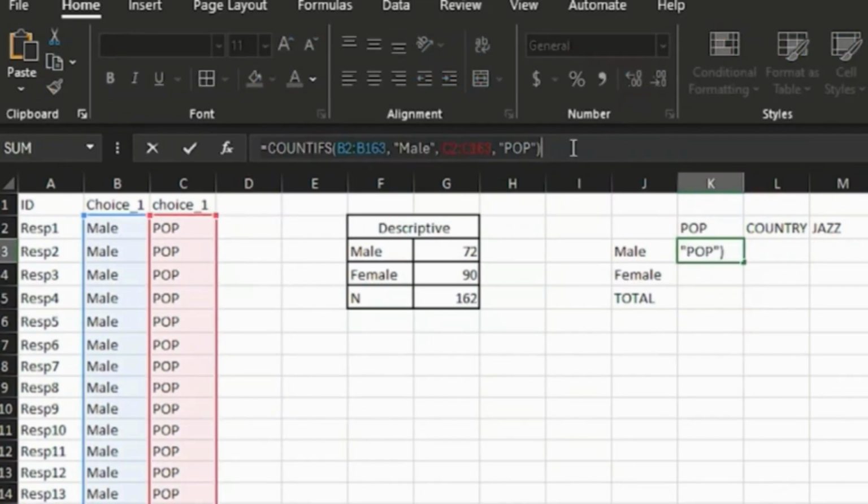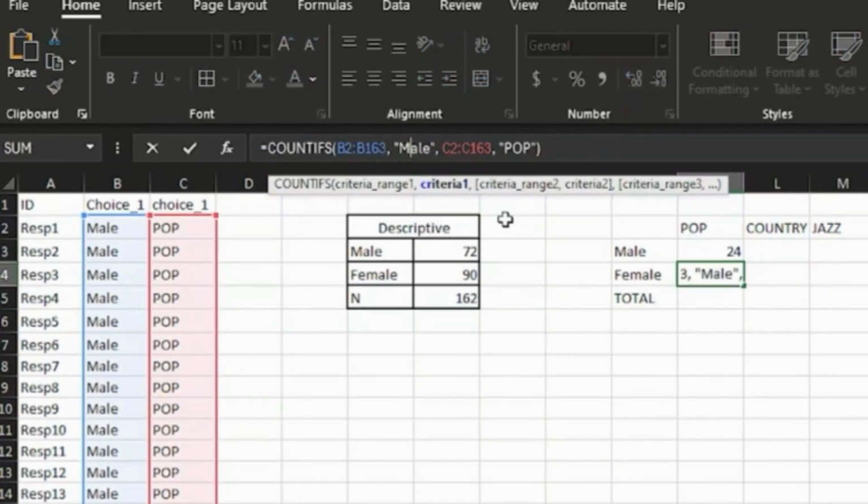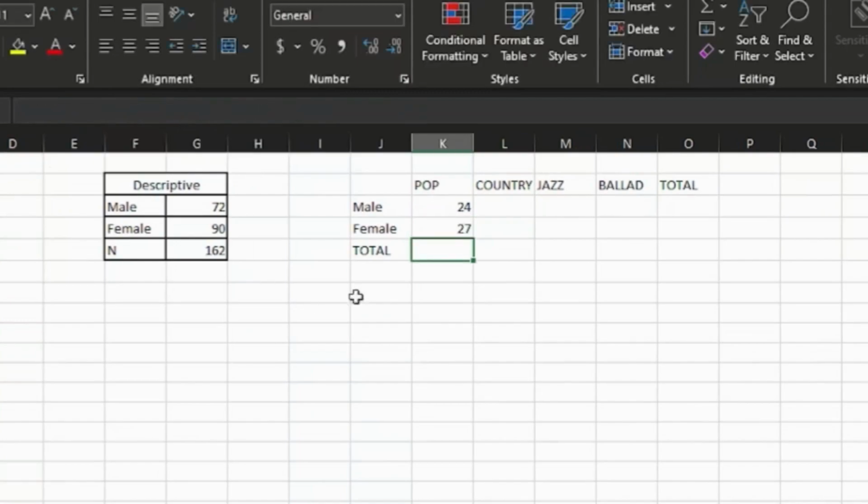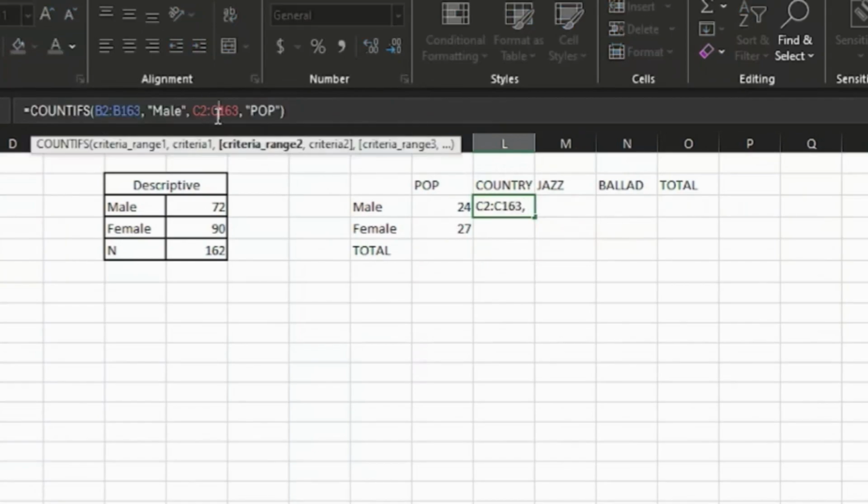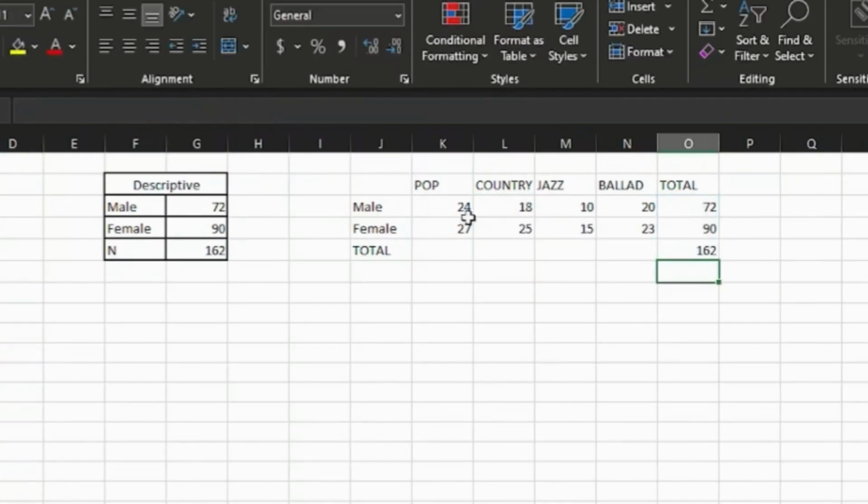Copy and repeat this process on the other columns until we fill the values based on the categories that we have for the test. In this example, we have 4 music genres, which means 4 columns to fill. Remember to change the criteria per cell depending on the category above that serves as the criteria. Upon completing the process, make sure to sum the values of each row and column.